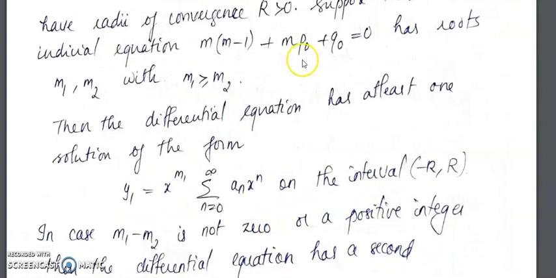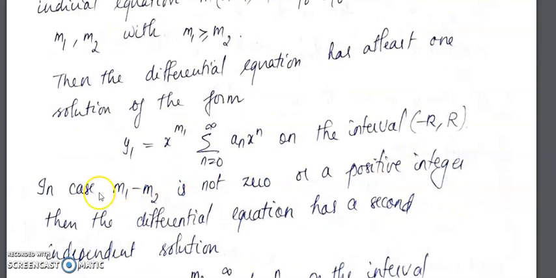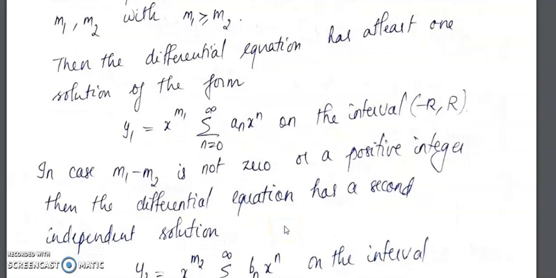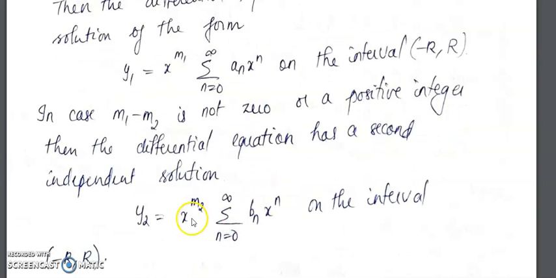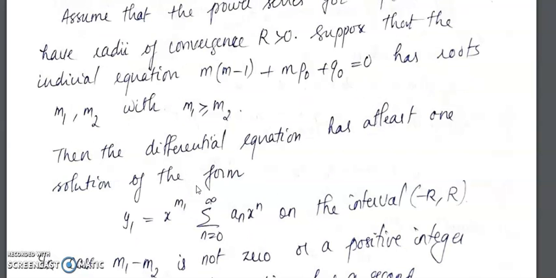So if you have an equation of this form, it will have at least one solution, and when m1 minus m2 is not 0 or a positive integer, then the differential equation will have a second solution, which is of the form y2 equal to x raised to m2 into summation n equal to 0 to infinity d n x raised to n. And at least one solution will always be there.